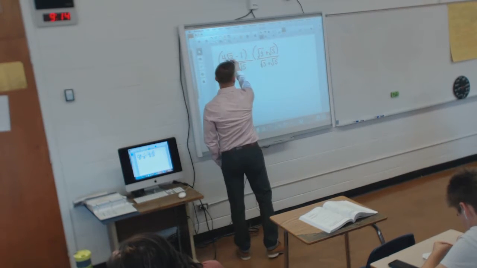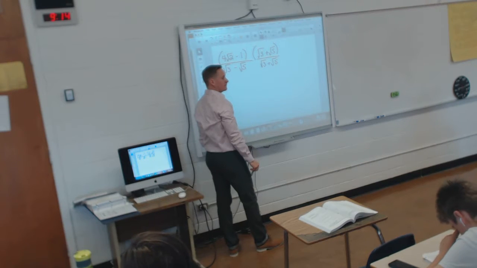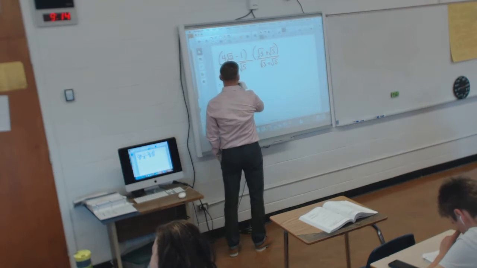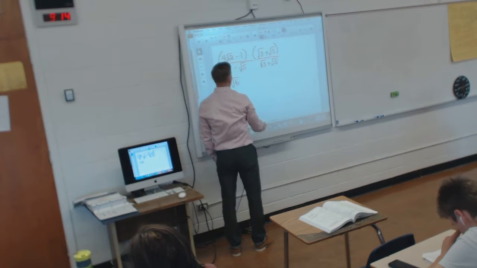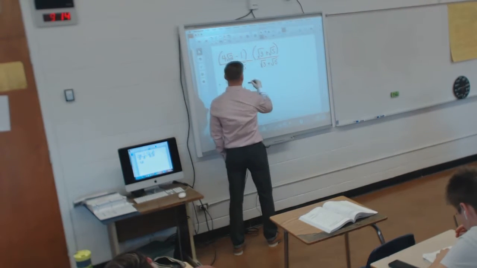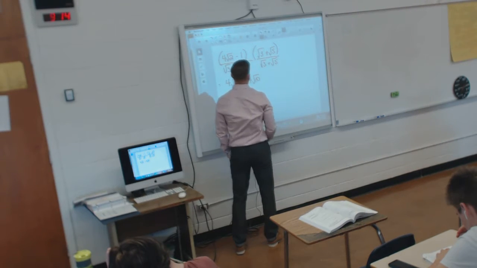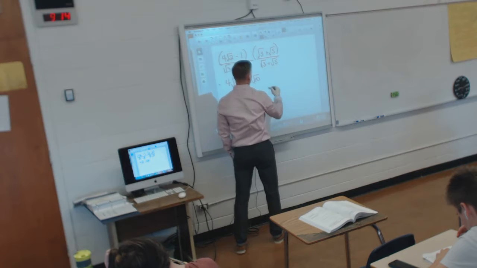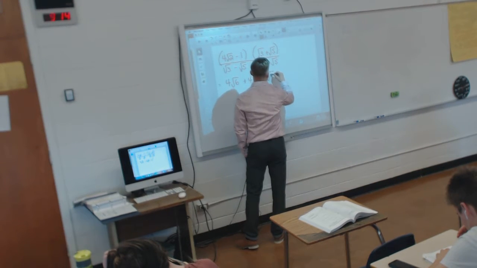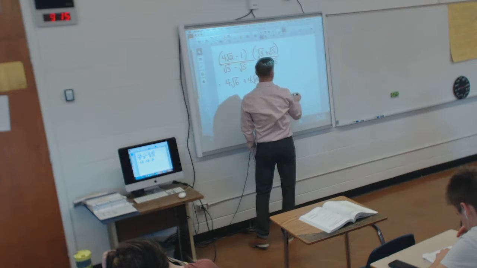First, 4 root 2 times root 3 is what? 4 root 6. Outside, 4 root 2 times root 5: 4 root 10. Inside, minus 1 times root 3. Last, minus 1 times root 5.